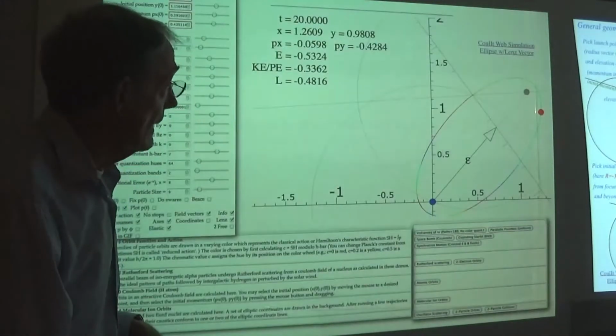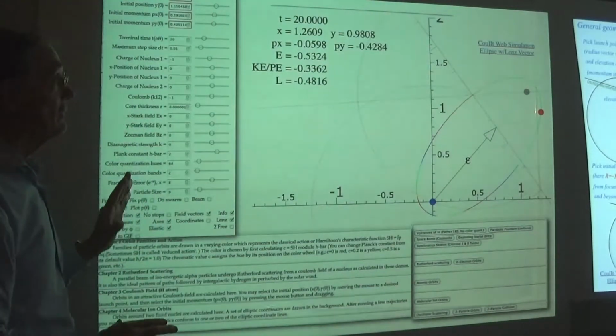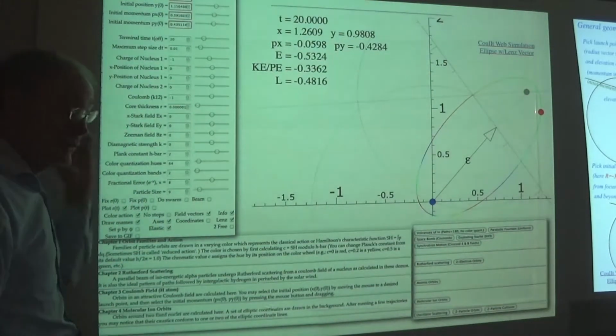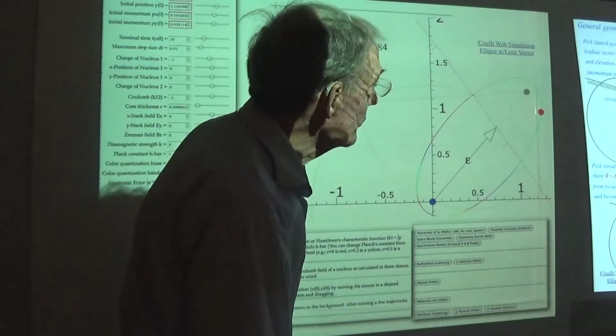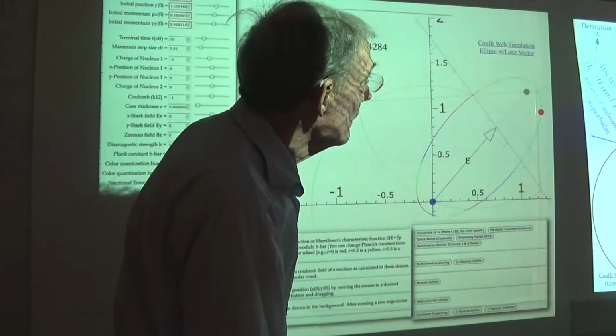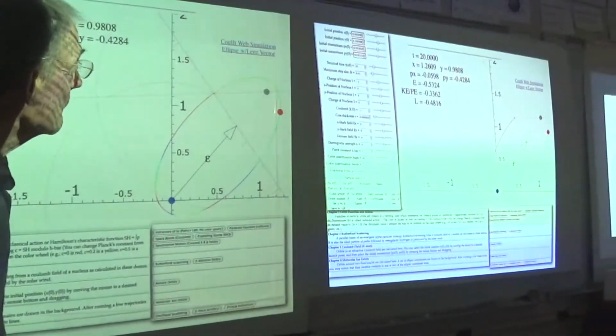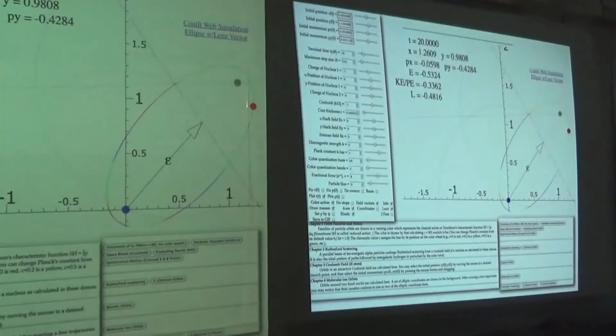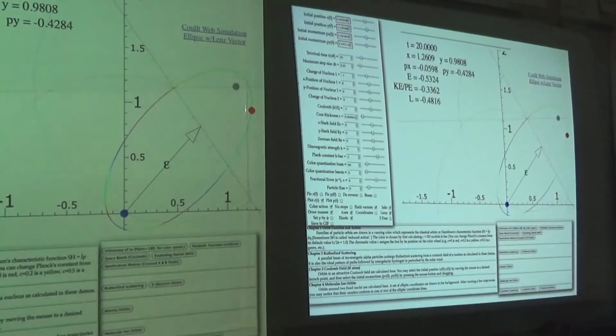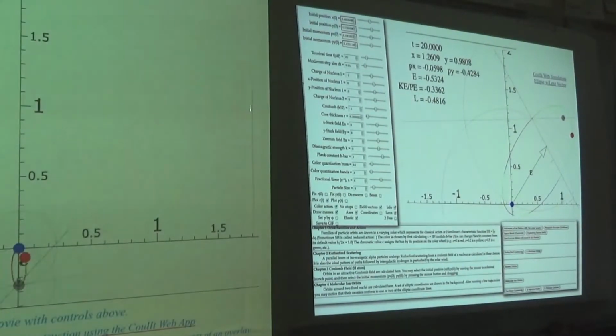Okay, now, this is all stuff that's automated. So if you want to mess with this thing, you can do it. I'm going to drop ahead here just a little bit.